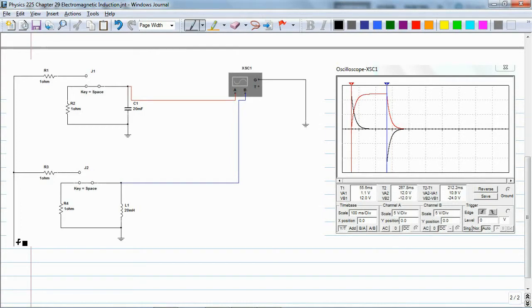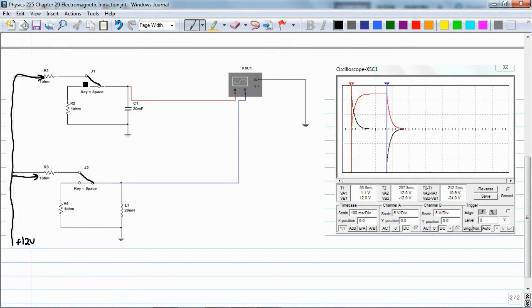So there's plus 12 volts. So the current would flow up this direction through the resistor R1, and then you're going to get current flowing through resistor R3. And once I close the switch, I'm going to have a current that flows through the capacitor and the inductor.